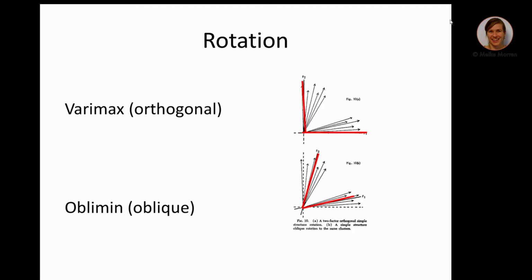Now, in our example that I will give later, where you have 6 items, 3 items measuring the environmental concern towards the world, and the other 3 items measuring the environmental concern in the community, those two are probably related. If you would use a Varimax rotation technique, you would ignore this correlation between the 2 dimensions. So therefore, in most cases, I would propose to use the oblimin rotation to allow these factors to be correlated, which is usually the case.